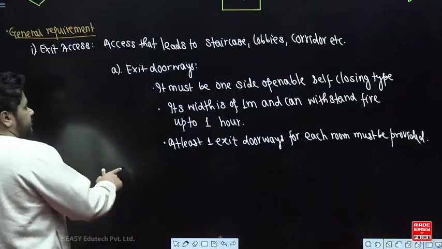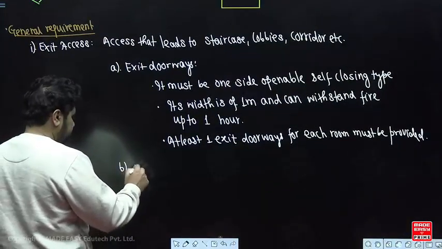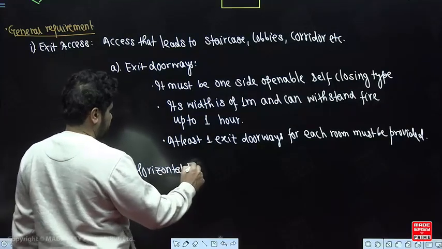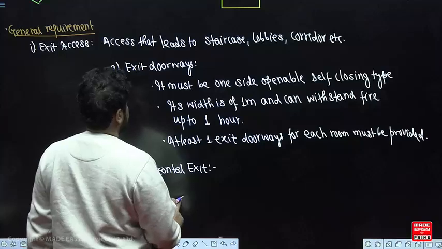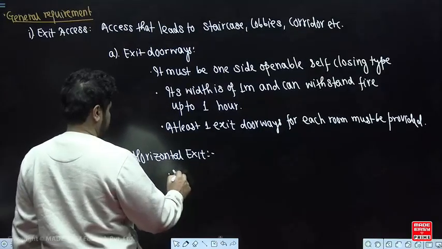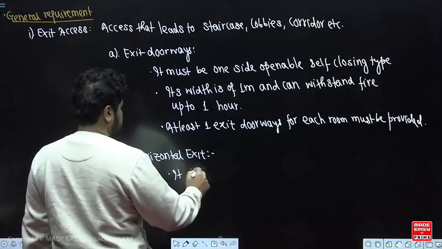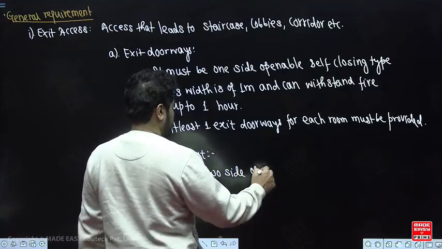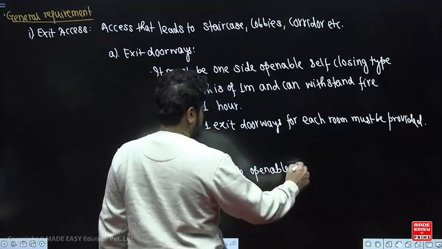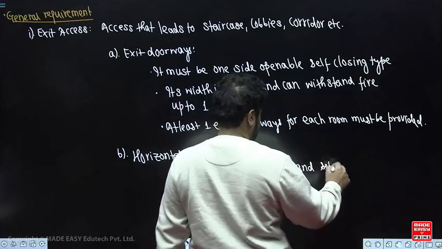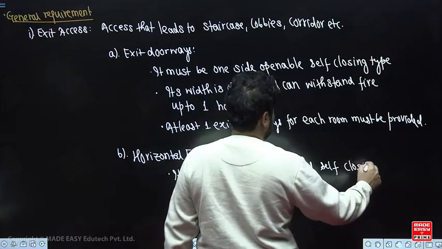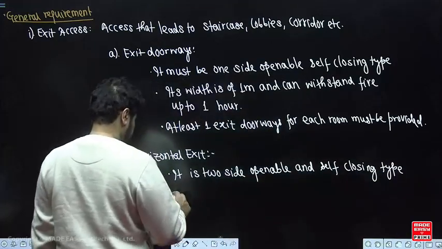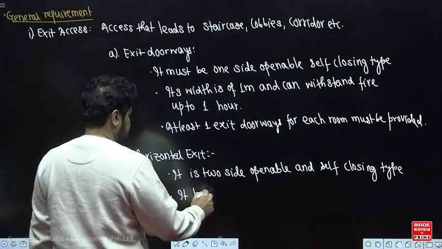Second, after exit doorways, we have horizontal exit. Now what is horizontal exit? It is two side openable and self closing type.